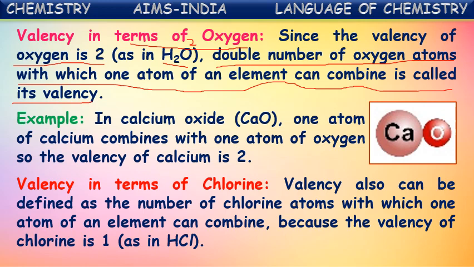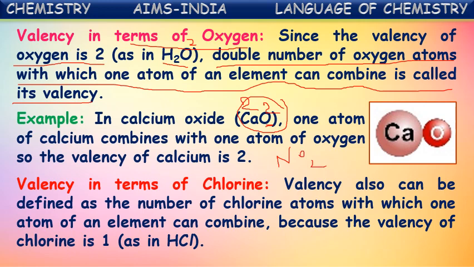Suppose the example of calcium oxide. Calcium is combining with one oxygen only to form calcium oxide. Oxygen's valency is 2, so obviously one oxygen with calcium means calcium's valency is also 2. Suppose NO2.